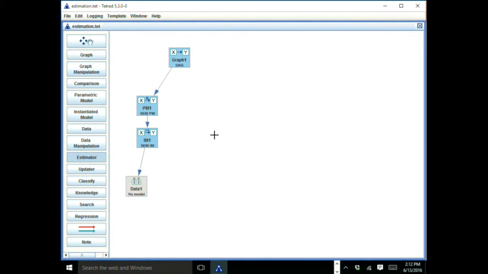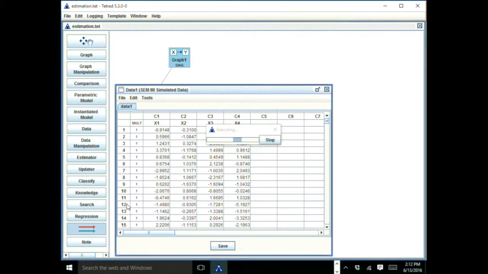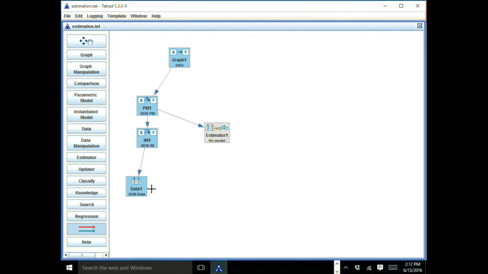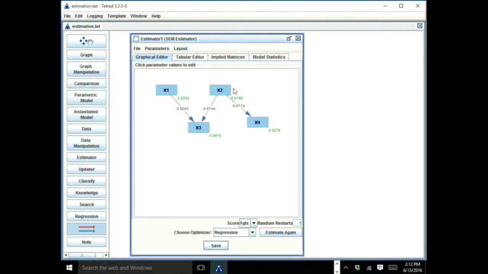So I put an estimator on the workbench, and I say to the estimator, go ahead and estimate. All you have to do to estimate a model is double click it. And up it comes.